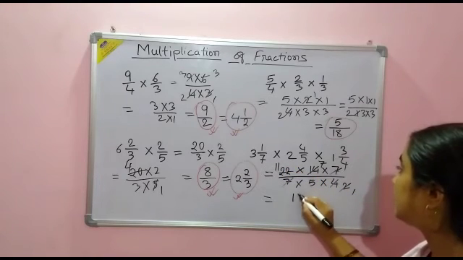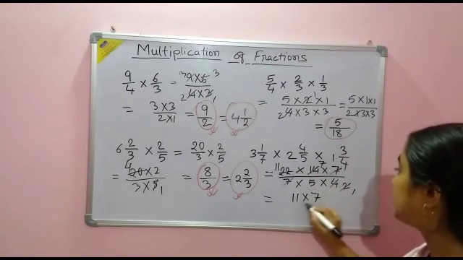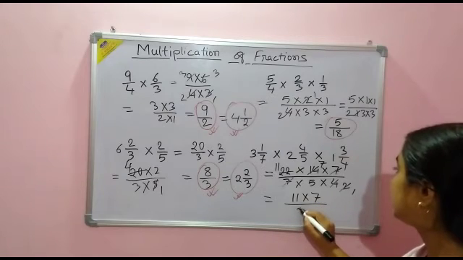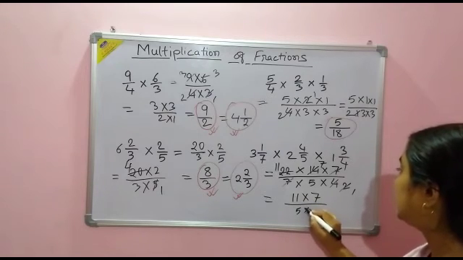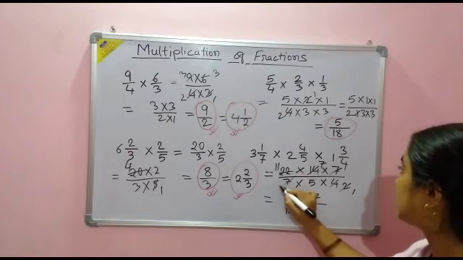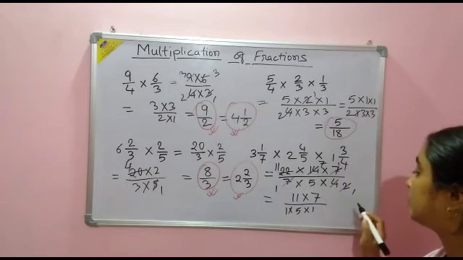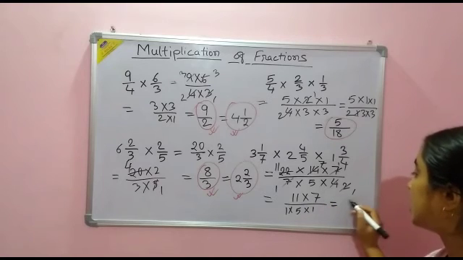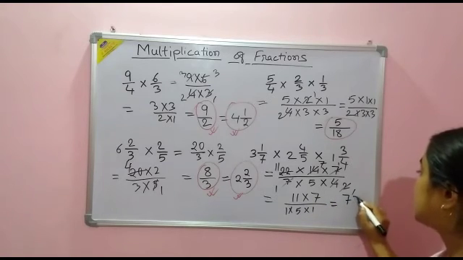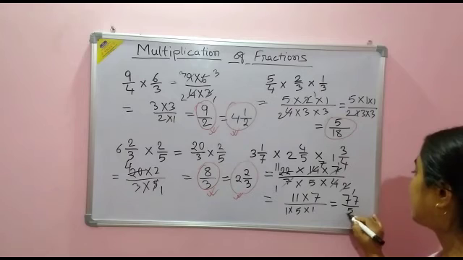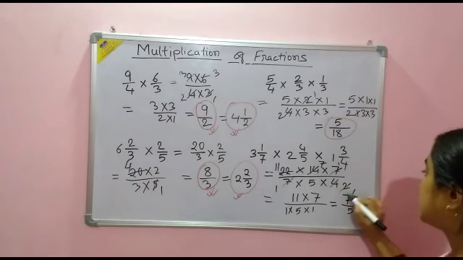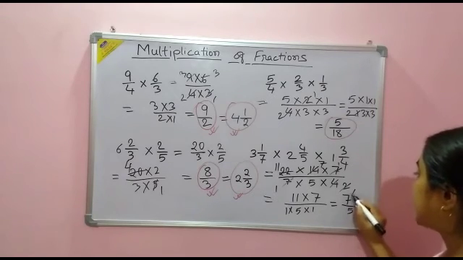So what do we have? We have 11 into 7 in the numerator and 5 into 1, and 1 is left here also, 7 in the 7 and 7 in the 7. So 1 into 5 into 1 is the denominator. So the answer is how much? 77 by 5. Now see, the answer is an improper fraction, 77 by 5.